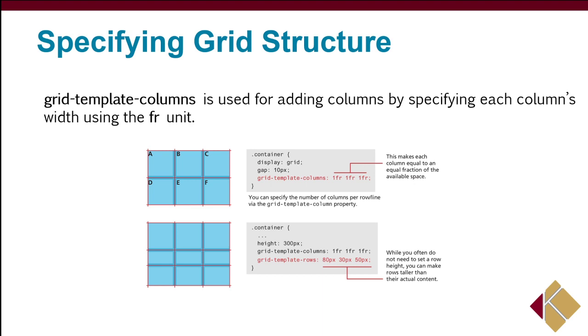If you set them explicitly, you need to make your rows bigger than your content. Otherwise, it is not going to work correctly, in that your content is going to flow out of your grid and it's not going to look correct. So I highly recommend using the frs.